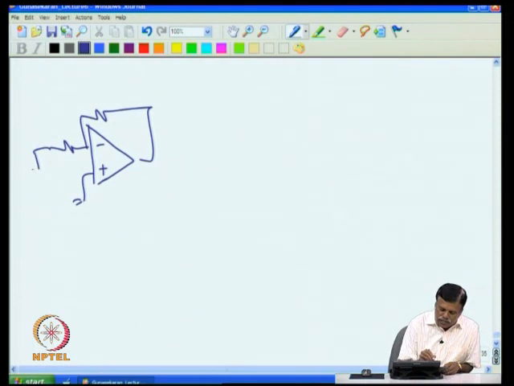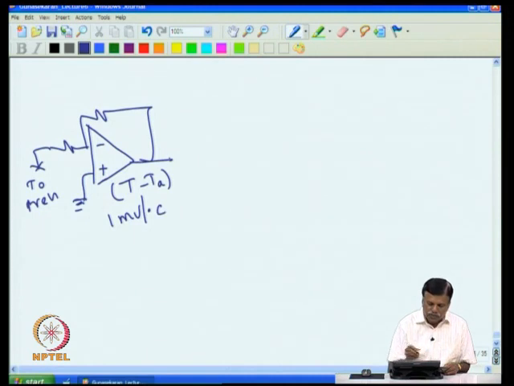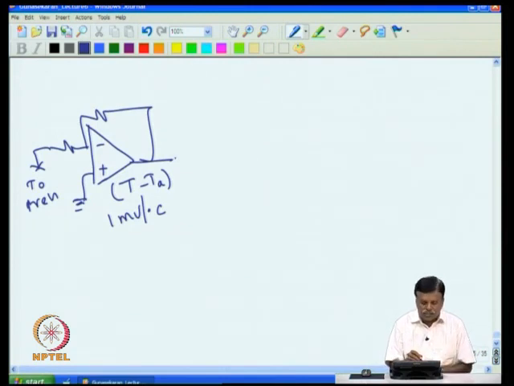So the previous stage is connected there, and you will get here the error voltage, that is T set minus T ambient. 1 millivolt per degree C is the sensitivity at this point, because every 1 degree C will give me 1 millivolt difference at this point.